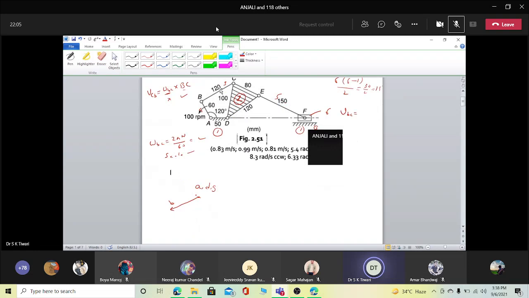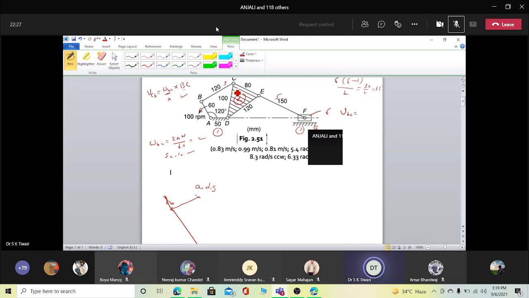Therefore, perpendicular to CB through B, a vector of infinite length, because I don't know the magnitude. Now I've already told you C is also a point on CD.